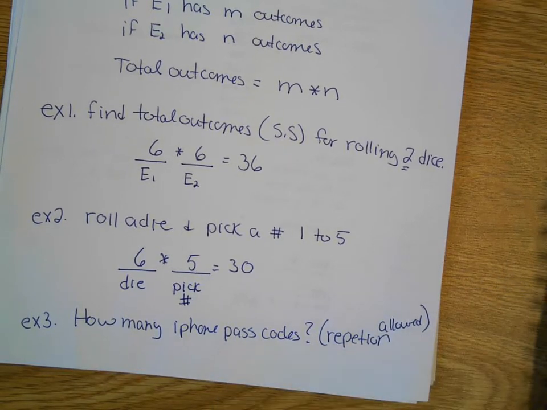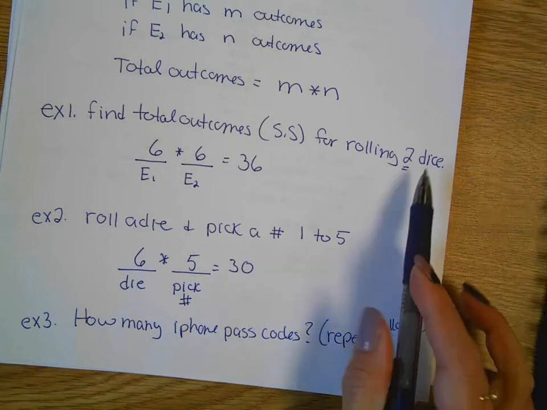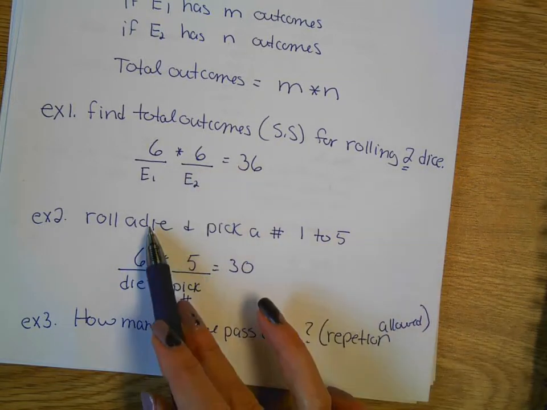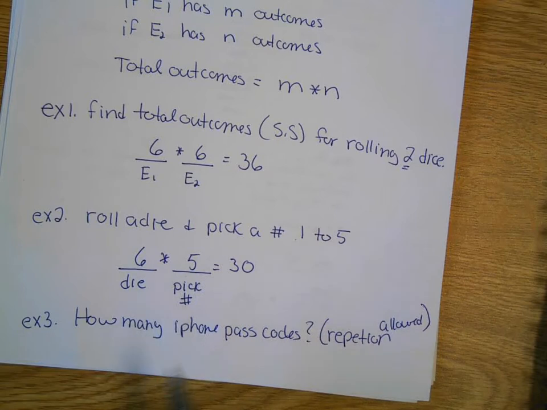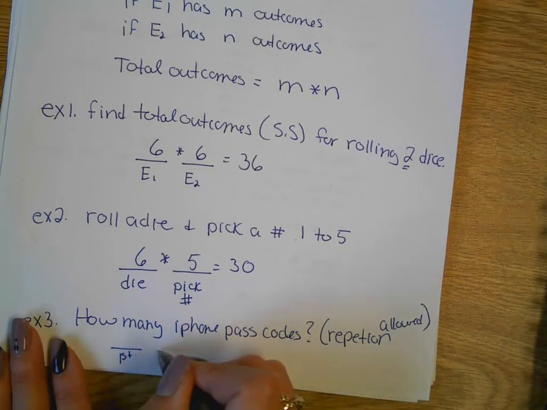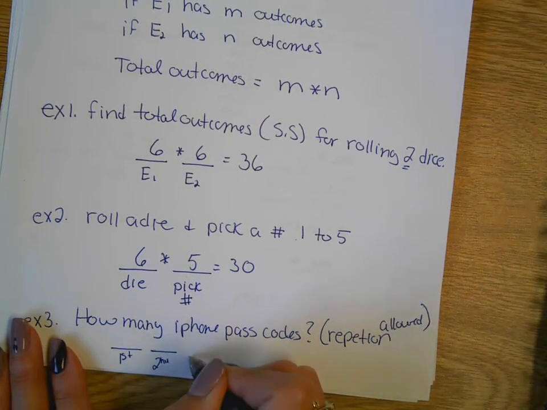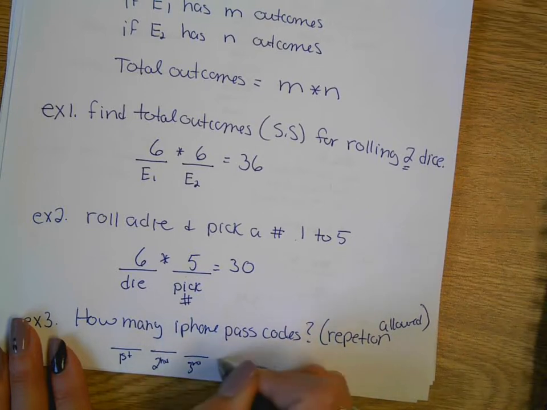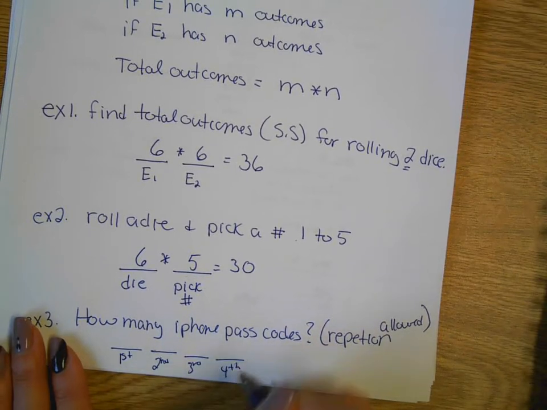So how many parts is this experiment? Rolling 2 dice is 2 parts. Rolling a die, picking a number is 2. You got to pick a number, then pick a second number, then pick a third number, then pick a fourth number. This is a 4-part experiment. So it's the first number, the second number, the third number, and the fourth number.